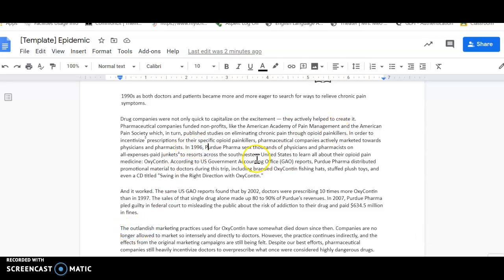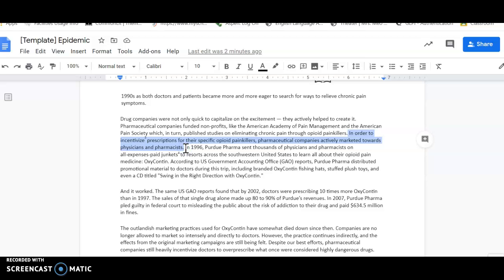And here there's a quote that I probably could use in my response. I lost it. Just give me a sec. Here it is. In order to incentivize prescriptions for their specific opioid painkillers, pharmaceutical companies actively marketed towards physicians and pharmacists.